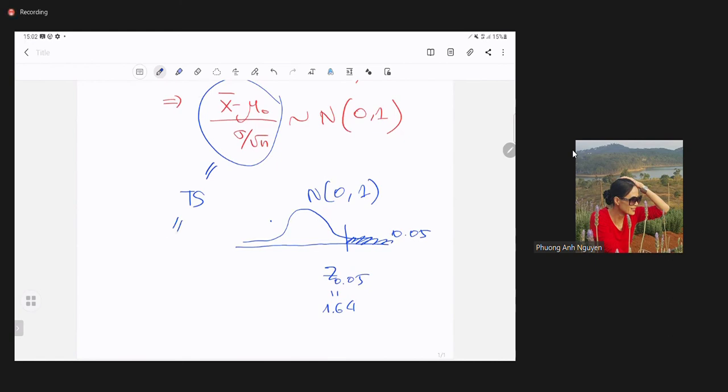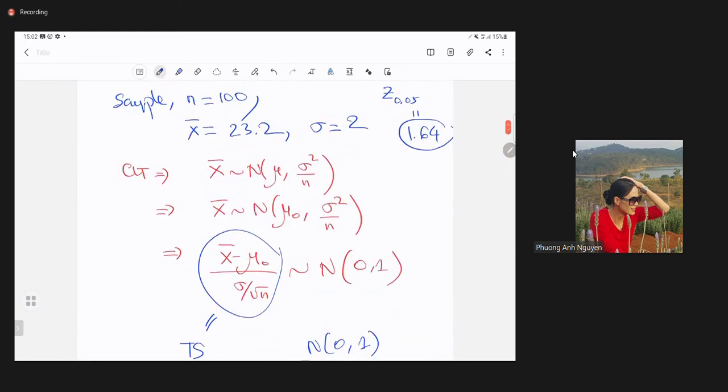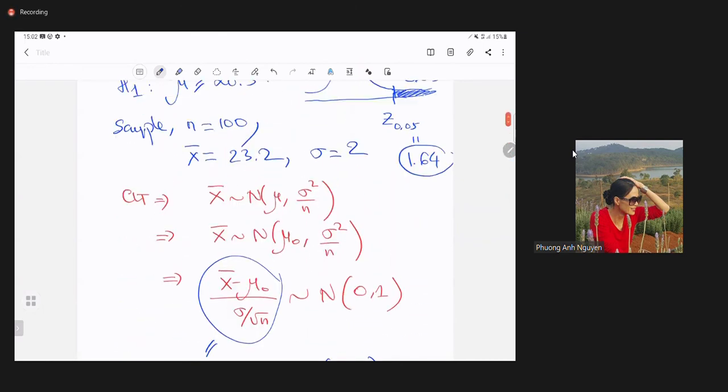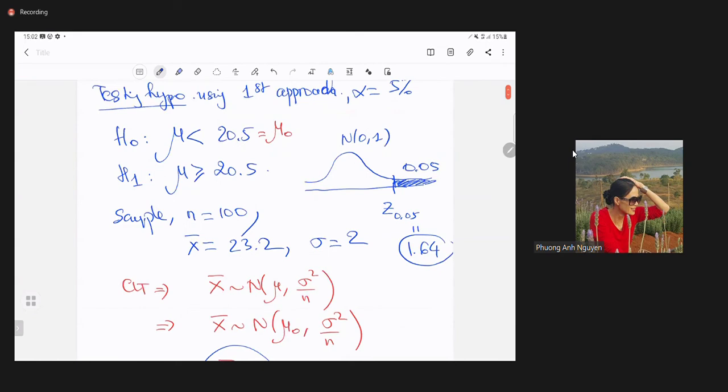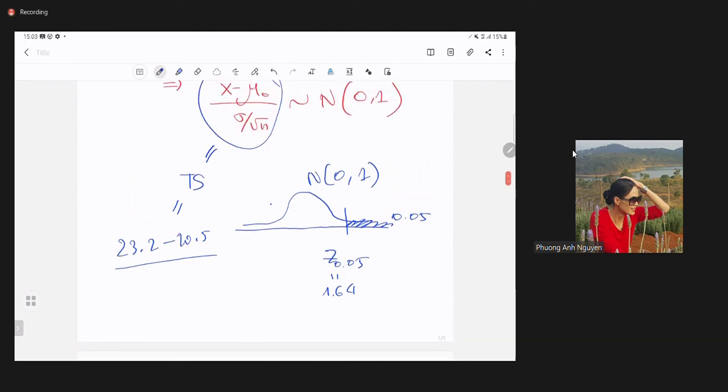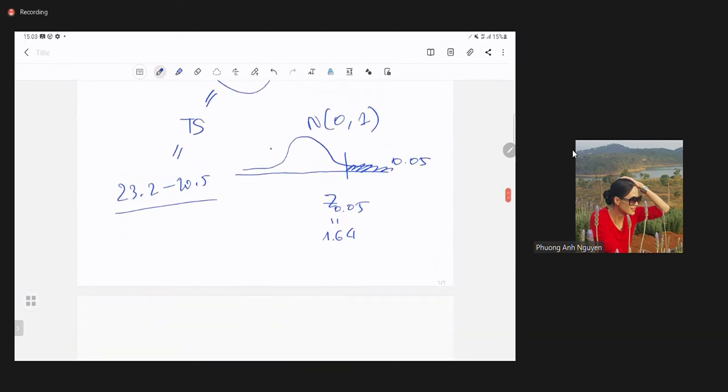And I replace: 23.2 minus the value mu0 from the null hypothesis, 20.5, divided by sigma 2 over 10. How much do we get?